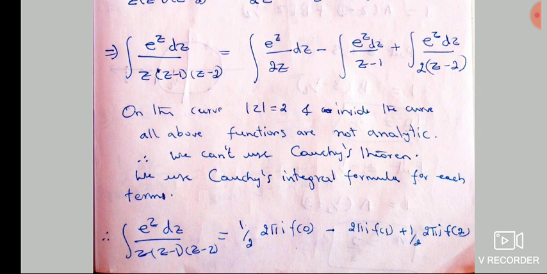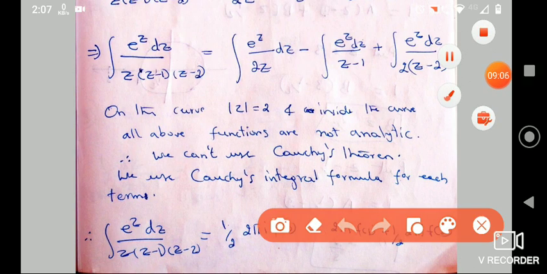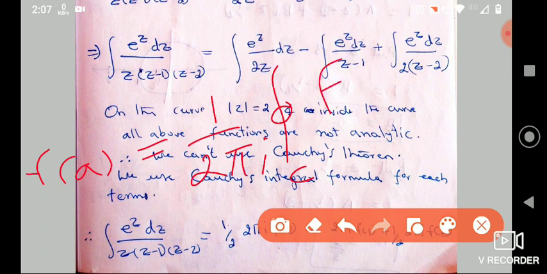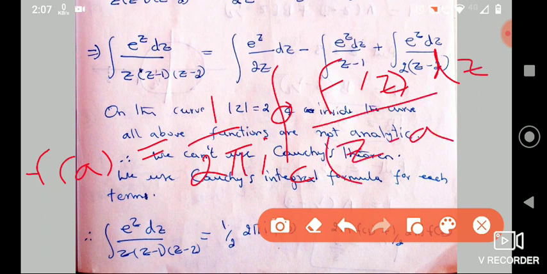So we cannot use Cauchy's theorem, we can use Cauchy's integral formula. What does Cauchy's integral formula say? Cauchy's integral formula says f of a is equal to 1 by 2 pi i times the integration along the curve C of f of z into dz divided by z minus a.